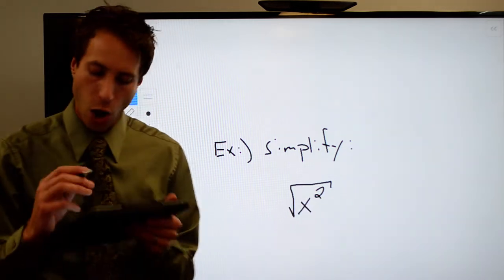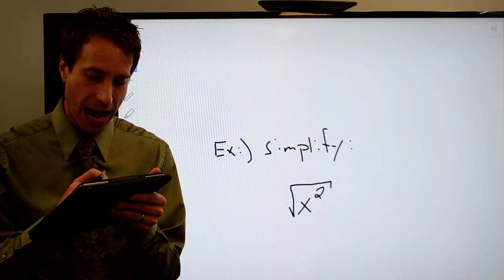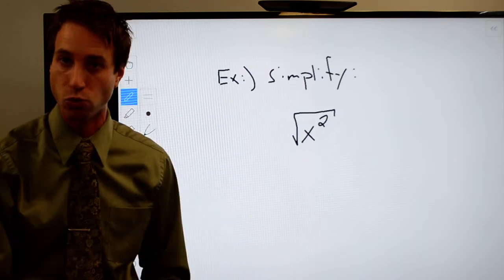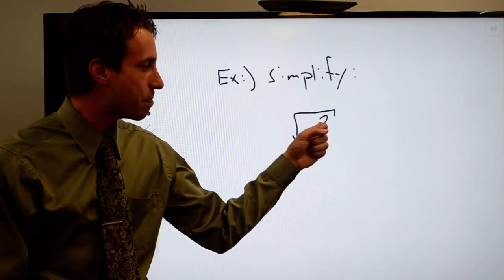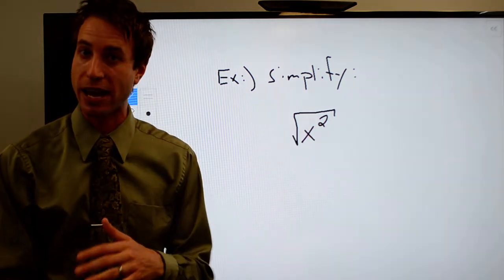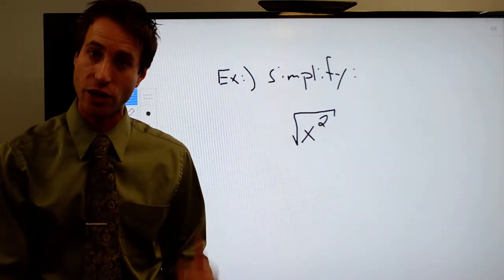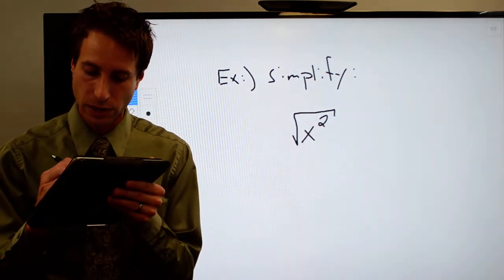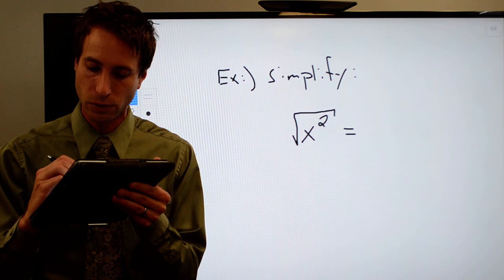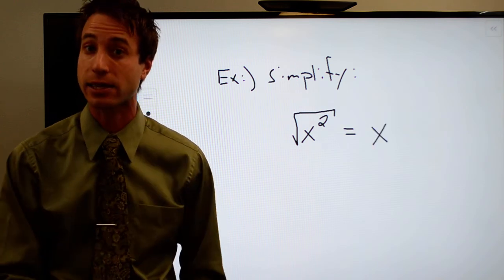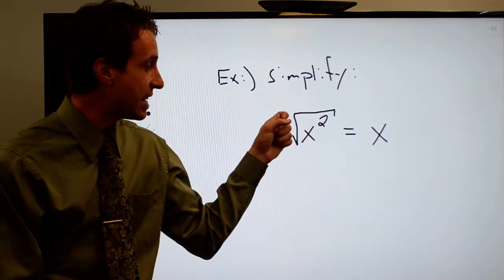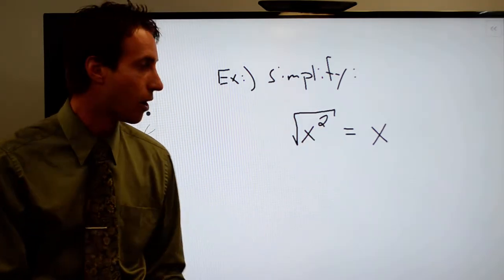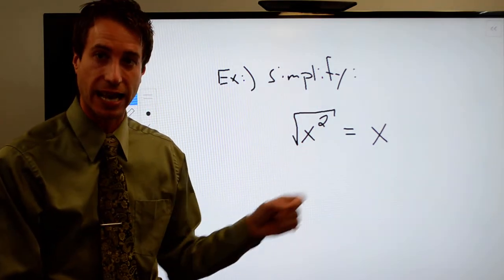Now this is a really simple one, and right away you recognize, well, okay, no problem, right? The index and the power are the same, so they're going to cancel each other out, and this simplifies to, or is equal to, just an x, right? Because the index and the power are the same. They cancel each other out. I'm left with just an x.